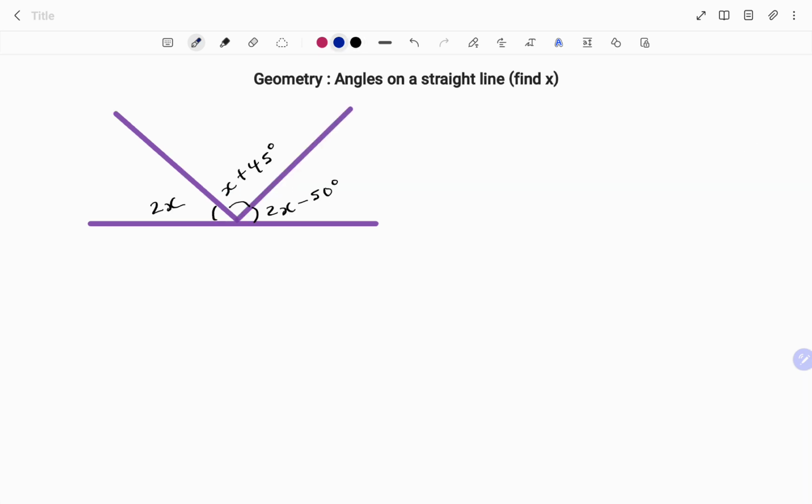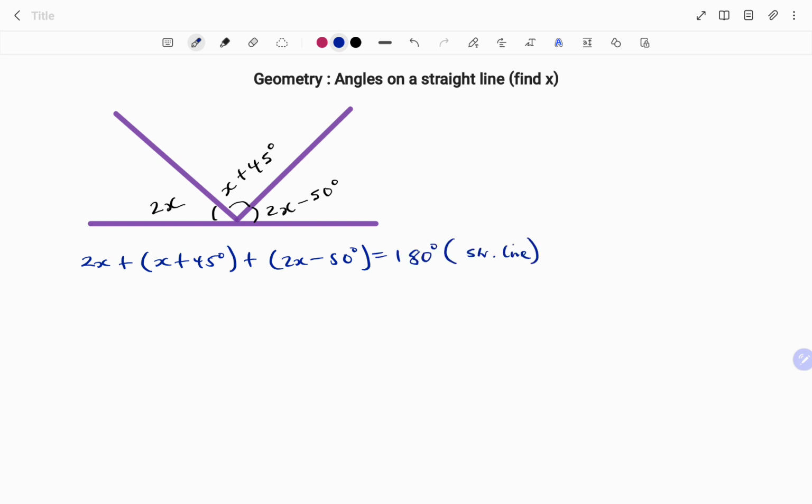In the next example, I have my straight line angles split into 3. I have my 2x plus, I'm going to use my bracket for my expression, x plus 45 degrees, plus 2x minus 50 equals 180 degrees.